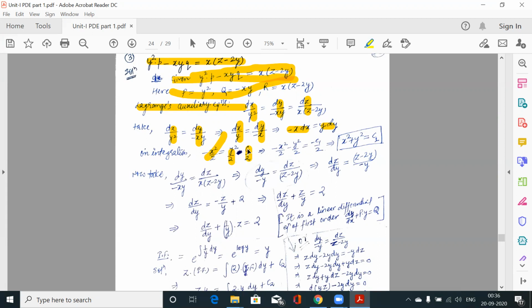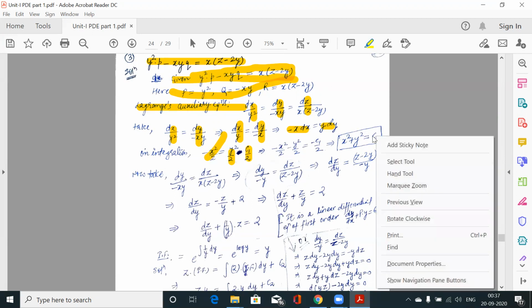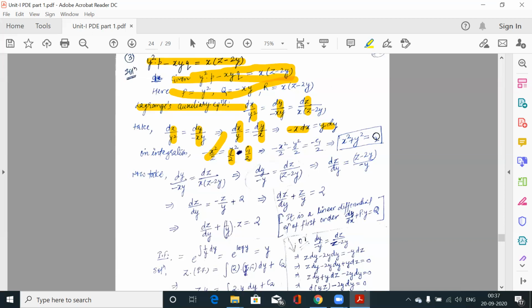So we have to find out the value of C1. Just by simplifying this, we will get C1 is equal to x square plus y square. So this is our first integration, first solution u is equal to C1.